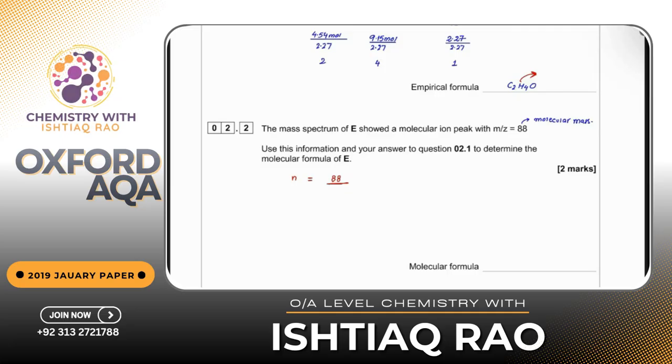So 88 upon 44 is equal to 2. So multiplying by 2 will give us C4H8O2.